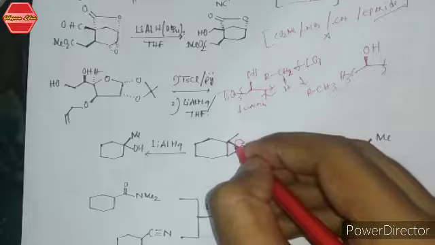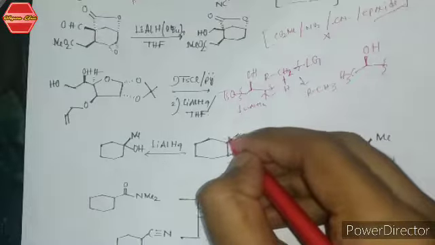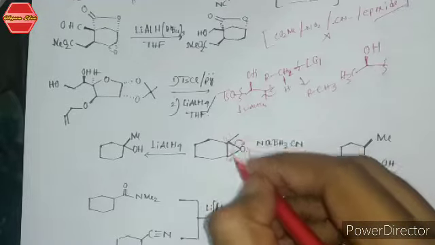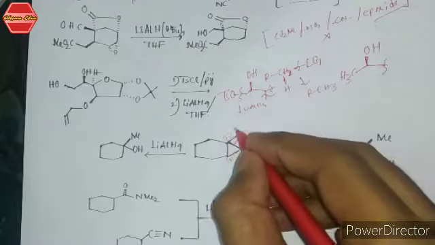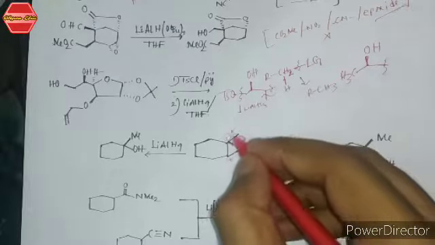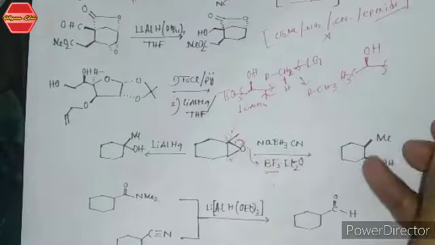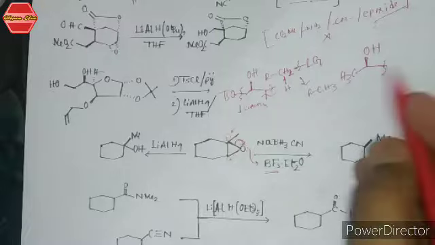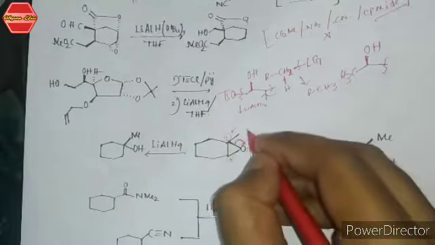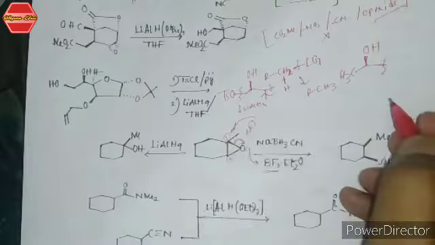If this bond is cleaved, then the positive charge is over here, and if this other bond is cleaved, the positive charge is over here. Which positive charge is much more stable? This positive charge is much more stable, because here is a 3 degree carbocation, and here is your 2 degree carbocation. Okay, so that is why this bond is cleaved selectively, and the hydride donation takes place from here.